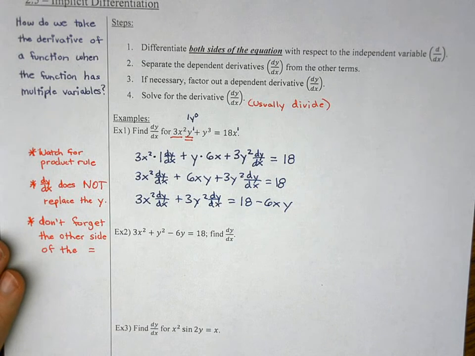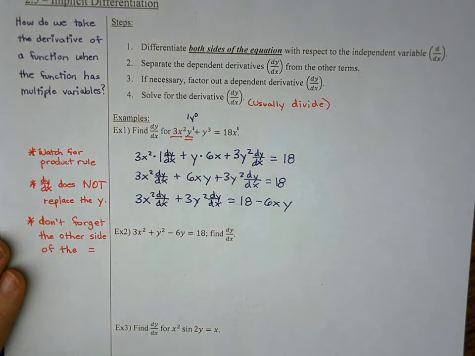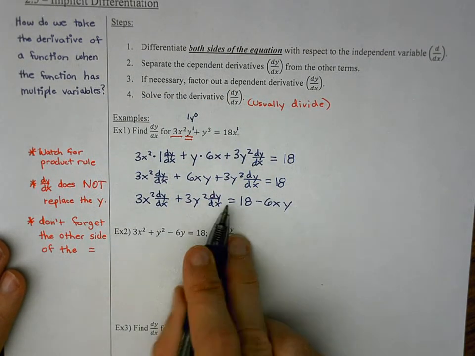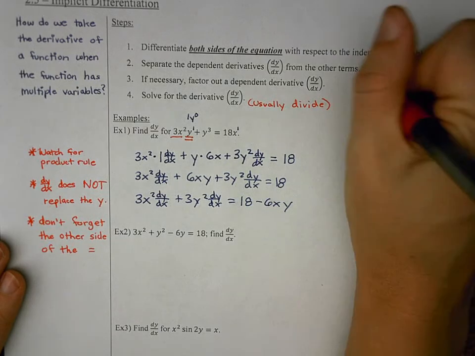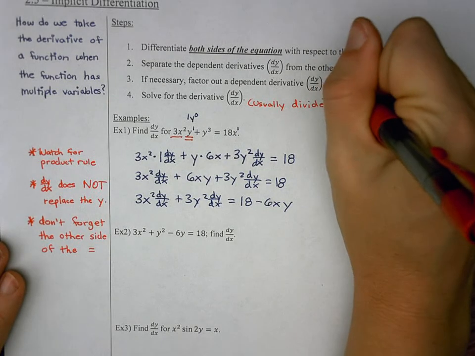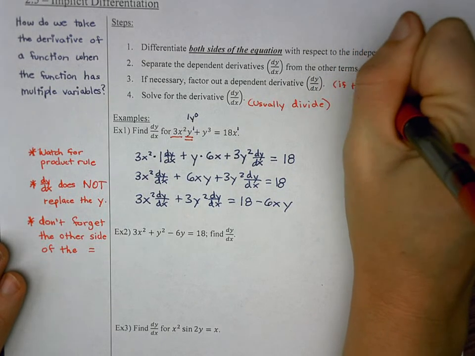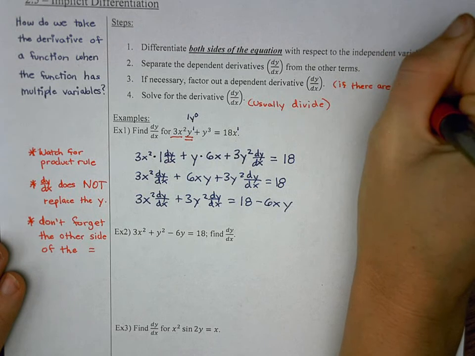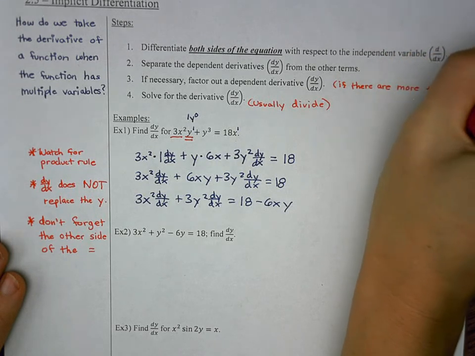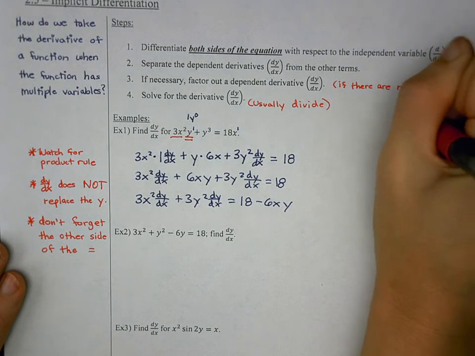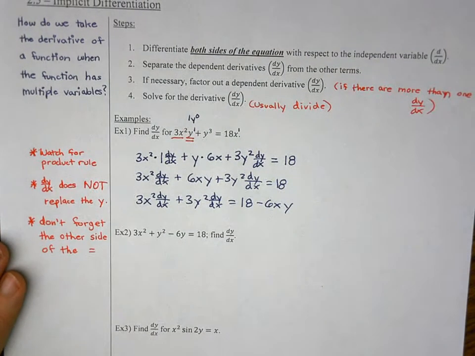Right? If necessary, factor out a dependent derivative. We do have, so let's put in parentheses here, if there are more than one dy dx, more than one dy dx, which there is here. So let's go ahead and factor that dy dx out.